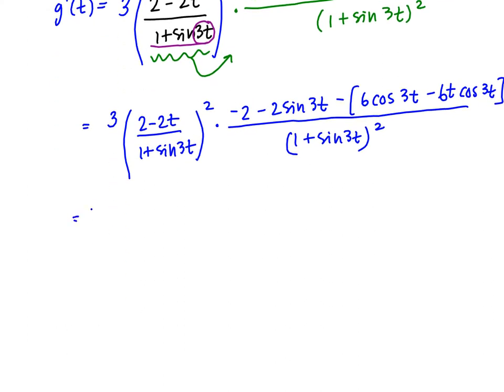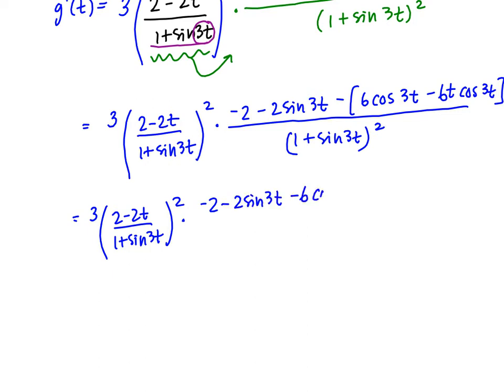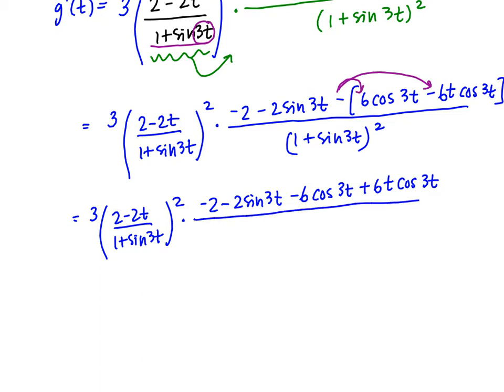Alright, so that's 3 times ((2 minus 2t) over (1 plus the sine of 3t)) squared times (-2 minus 2 sine 3t minus 6 cosine 3t plus 6t cosine 3t, plus, because this negative got distributed), all over 1 plus the sine of 3t squared.